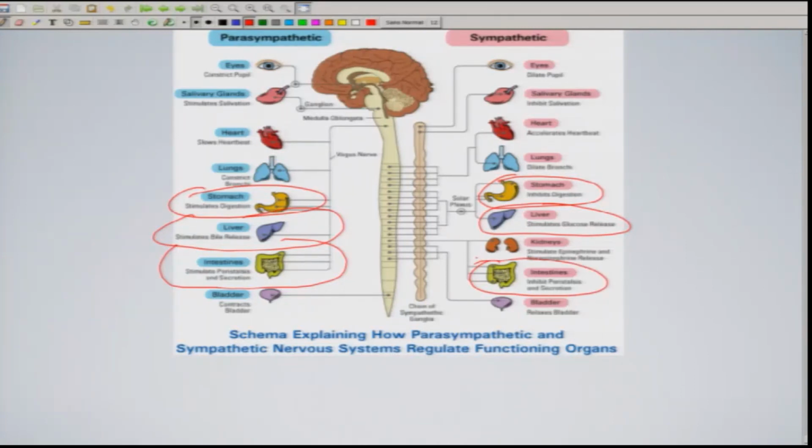So you see there are opposite reactions. Salivary: parasympathetic stimulates salivation. Here sympathetic is opposing salivation. So if you look at the whole thing, there are nervous controls which are helping in the whole digestive process, and this is the chain of sympathetic and parasympathetic running along with the spinal cord.